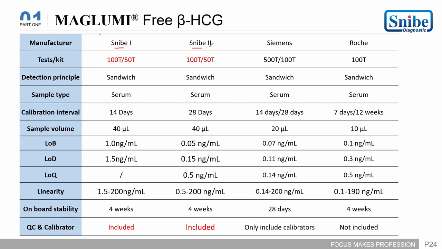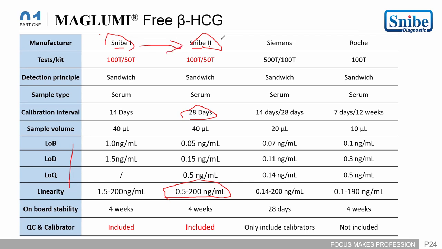And you know what the difference is between them? There is an improvement in the calibration intervals, an improvement in the limit of blank, limit of detection, and limit of quantitation, and the measuring range or linearity of the assays is improved. These are the key features of the two generations of free beta HCG from the Maglumi platform.